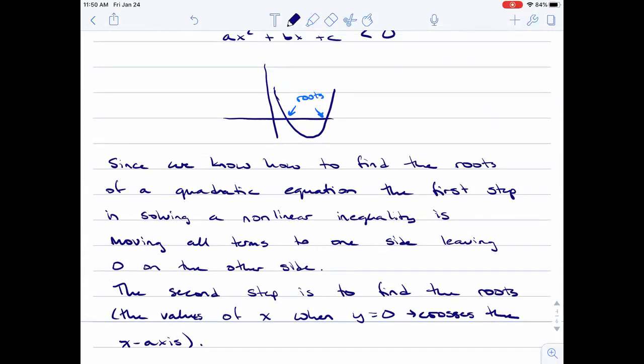Between this root and this root, they're all negative. Between this root and infinity, it behaves the same way, so it's all positive. So we use the roots as cutoff points, and then we just pick any value that's in those intervals to make test values to see if we get positive or negative values.